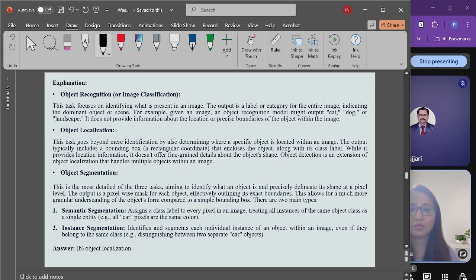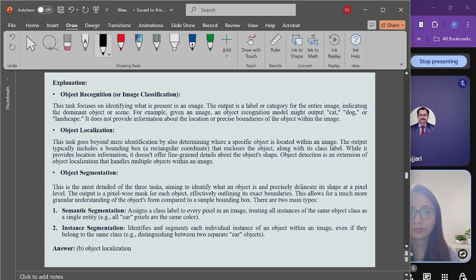There are two main types of object segmentation: semantic segmentation and instance segmentation. Semantic segmentation assigns a class label, like car, to every pixel in an image, treating all instances of the same object class as a single entity. That is, all car pixels are the same color.